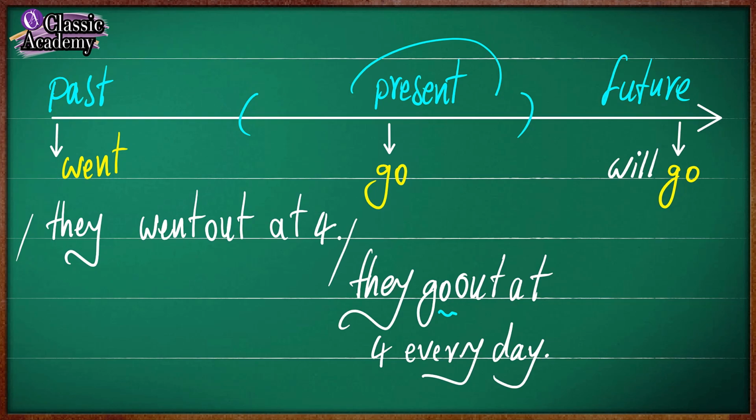Okay, they go out at 4 every day. What about will go? We have another sentence here. He'll go out at 6.